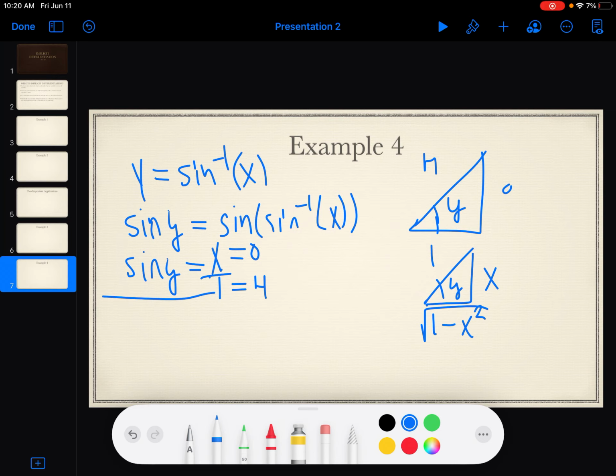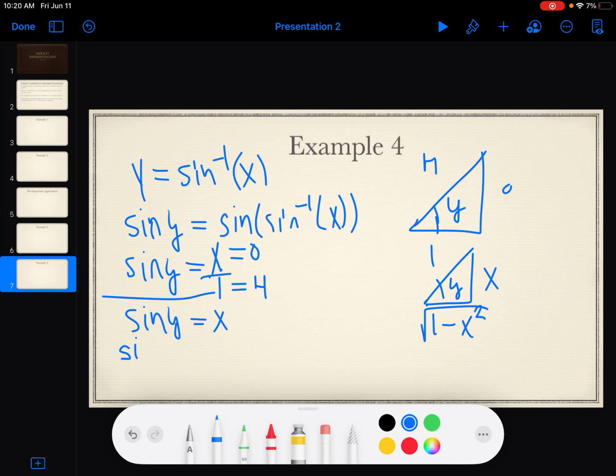So now I've got all sides of the triangle, and my angle is y. I'll tell you where this comes in use in a bit. So rewriting this, sine y is equal to x, and x is over some imaginary 1. So let's take the derivative of this.